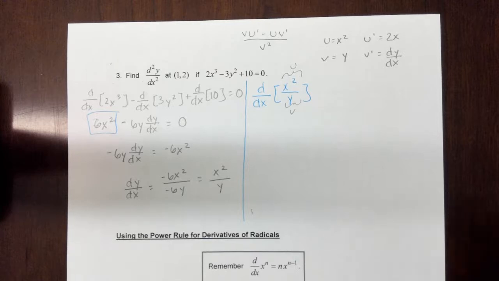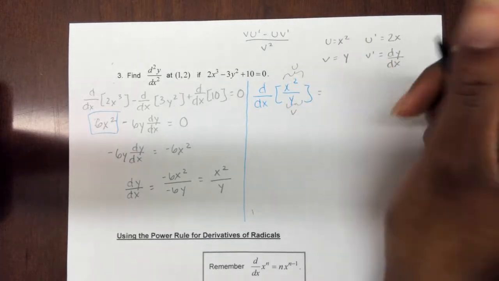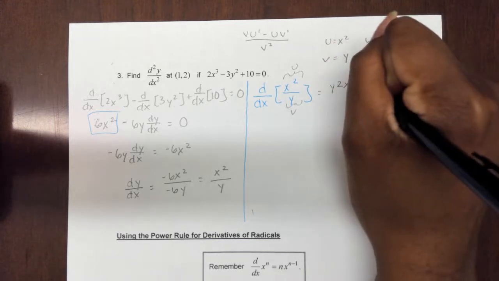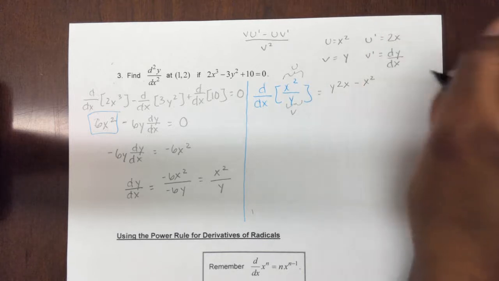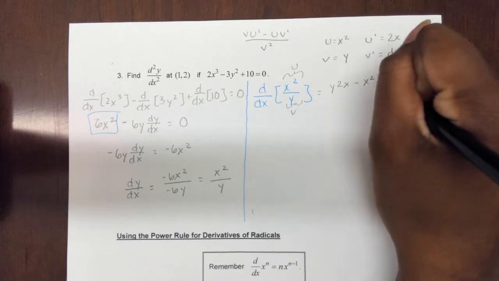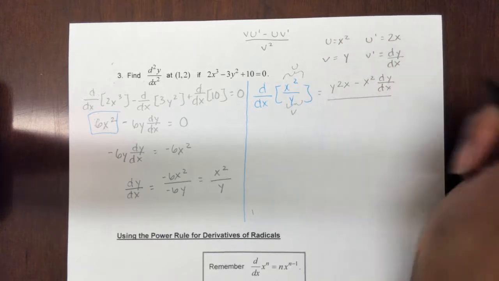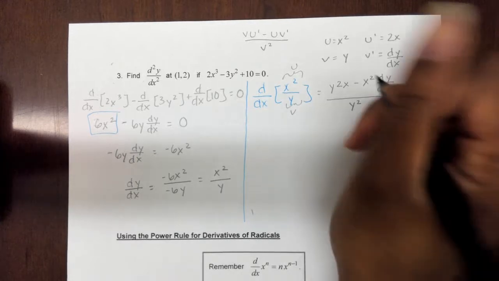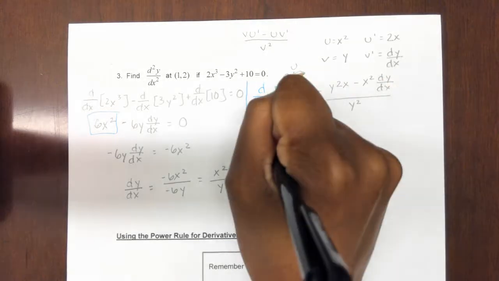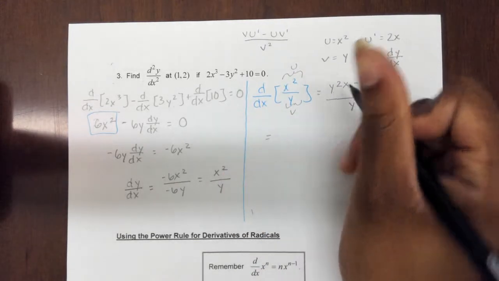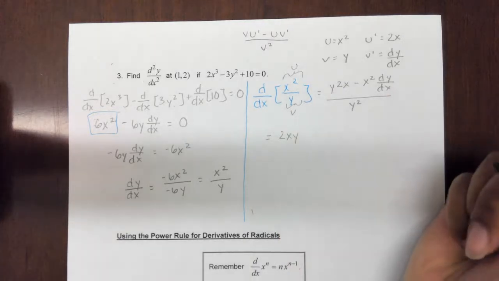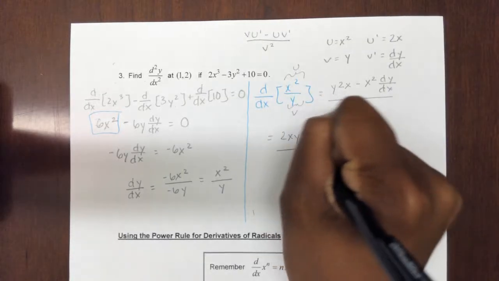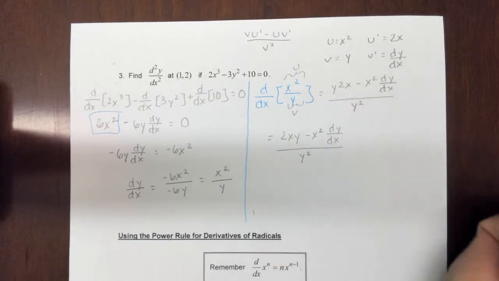So if we write this out, we get y times 2x minus x squared dy/dx all over y squared, which is equal to 2xy minus x squared dy/dx all over y squared.